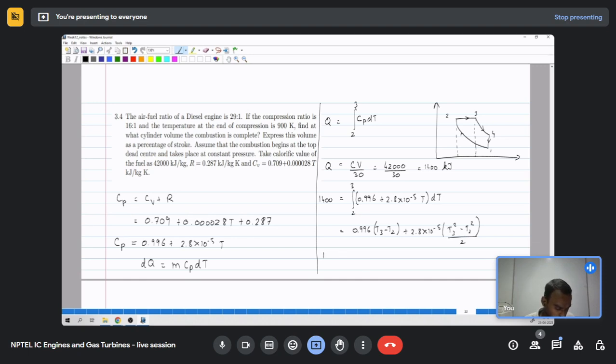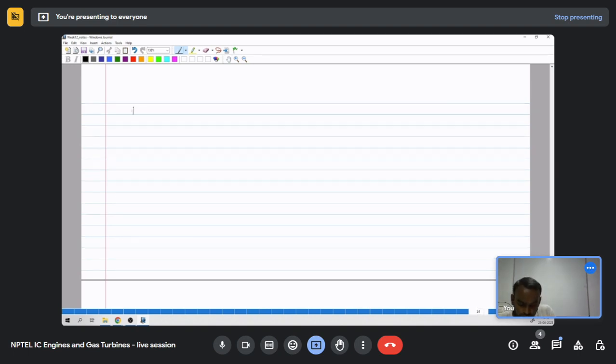So 1400 equals 0.996 into T3 minus T2, where T2 is given as 900 Kelvin, plus 2.8 into 10 power minus 5 into T3 square minus 900 square, divided by 2. With this we can calculate the value of T3, and that would be 2246.07 Kelvin.